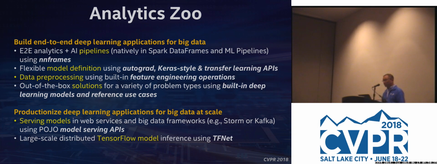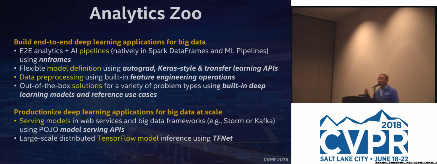You can use autograd, Keras style. More importantly, transfer learning APIs to build your models. And you can process your data using all those built-in feature engineering operations. And you can directly reuse some of those built-in models and reference use cases as an out-of-box solution for different problem types.